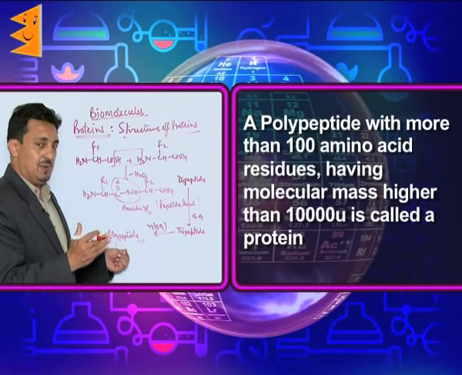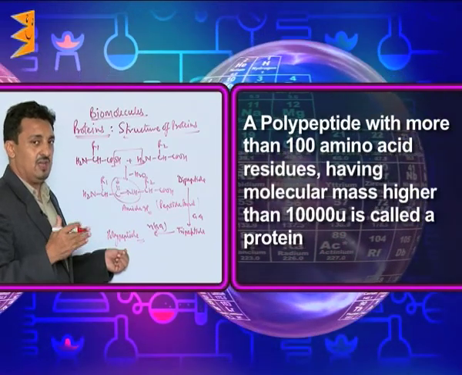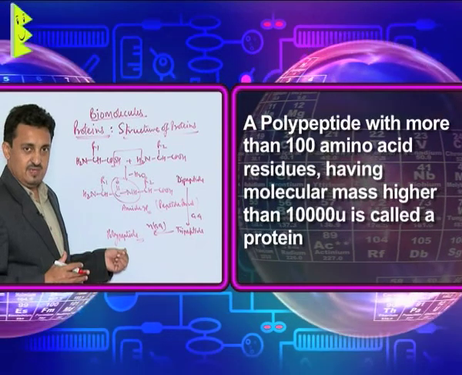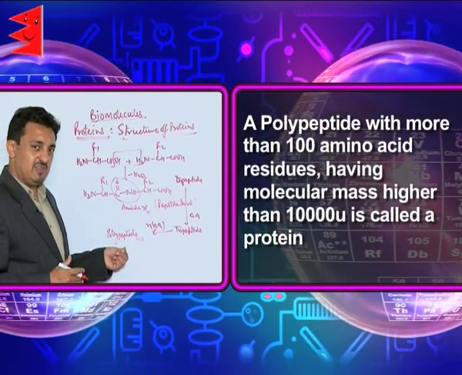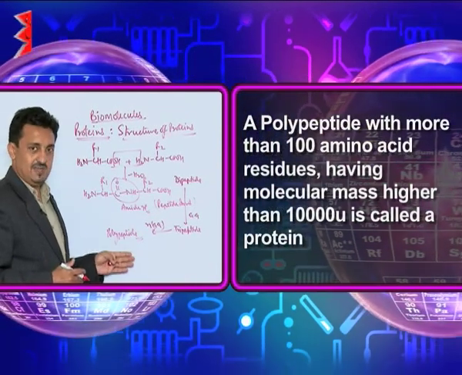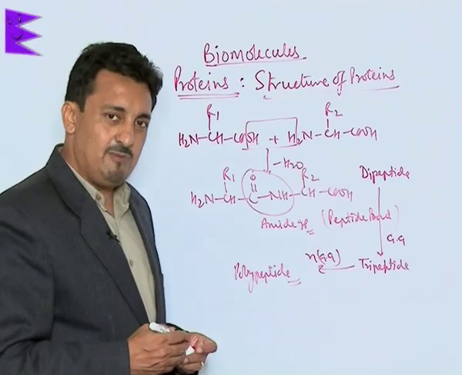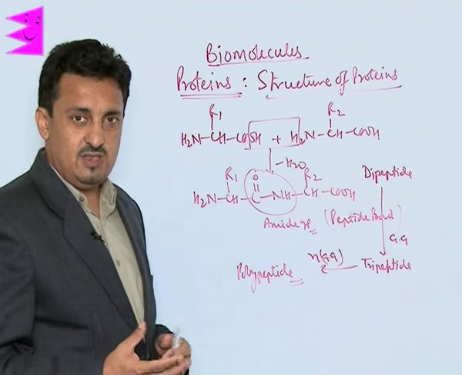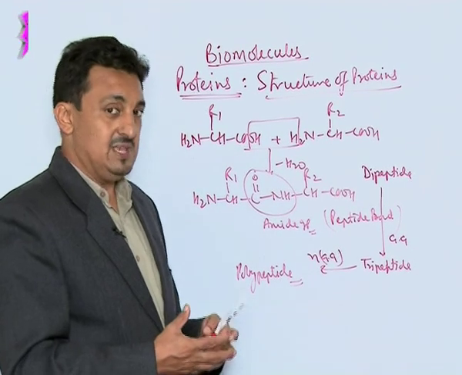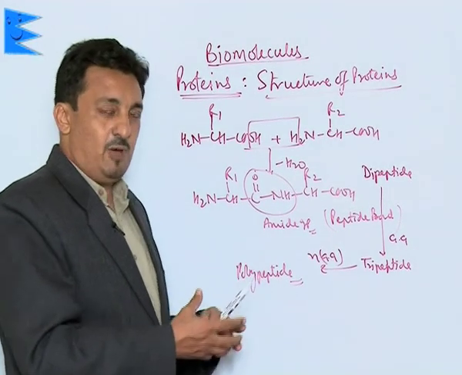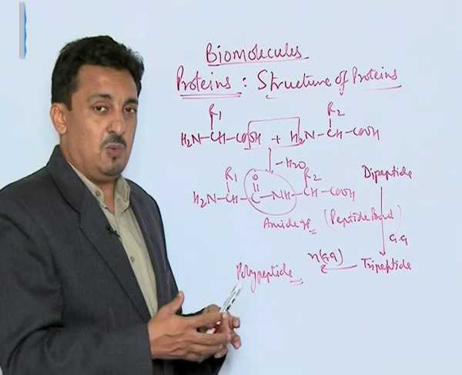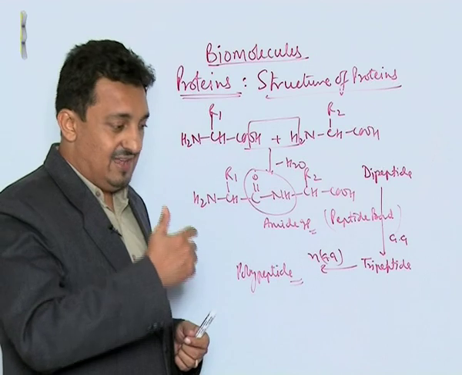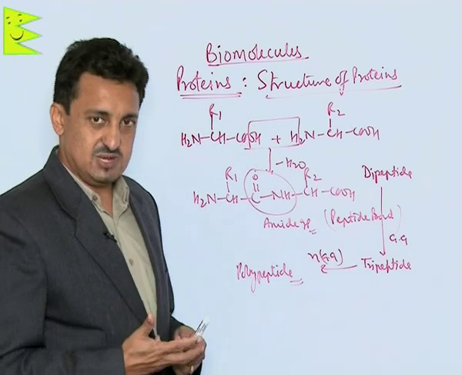When these amino acids are more than 100 in number, we may call it a protein. See, there is a very thin line between a protein and a polypeptide. Sometimes a normal polypeptide chain which can exist independently can also be a protein, and sometimes a very long polypeptide chain is not regarded as a protein because a protein has to exist in a very complex structure.